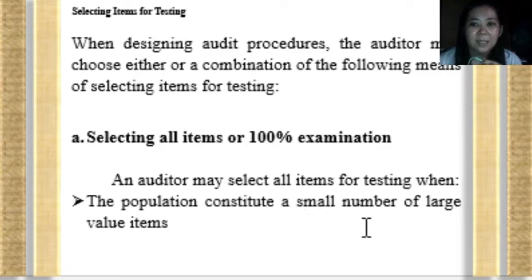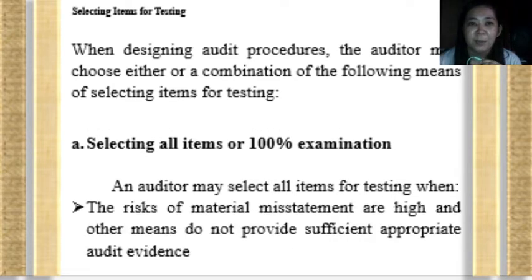In this case, the auditor is limited to a certain period of time because there is a time constraint that he has to balance, in gathering audit evidence and also in preparing other things in the audit. So if these items constitute only a small number, the auditor can actually examine everything, 100%.